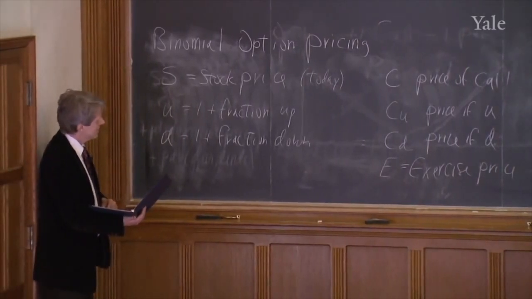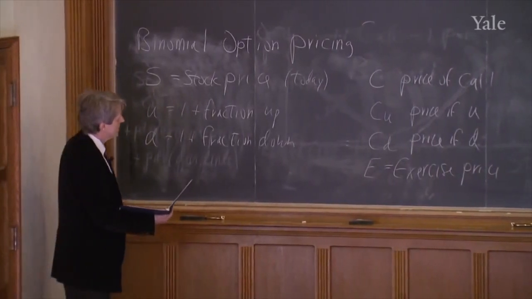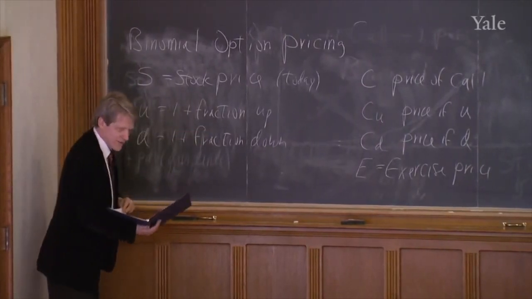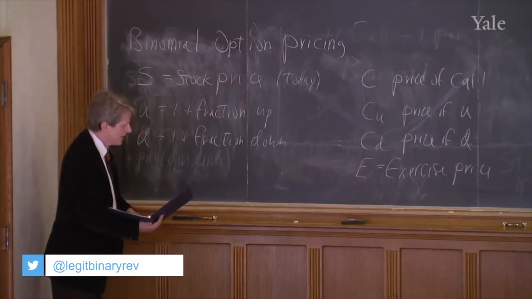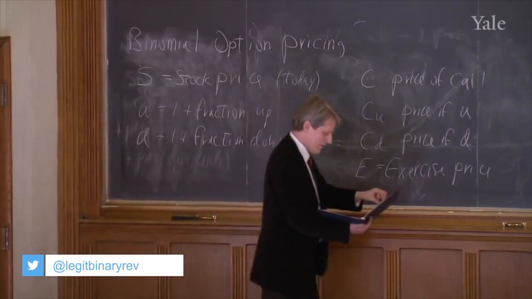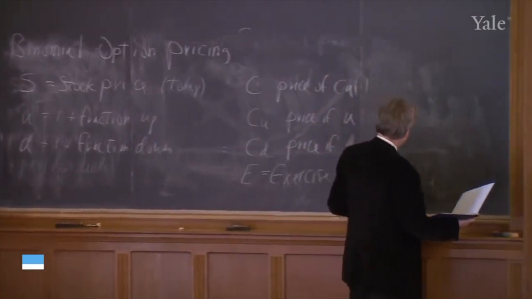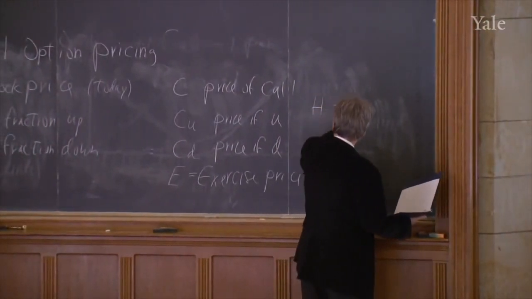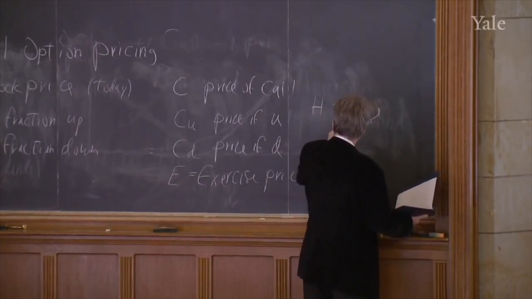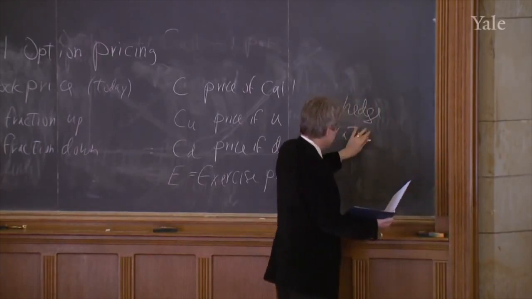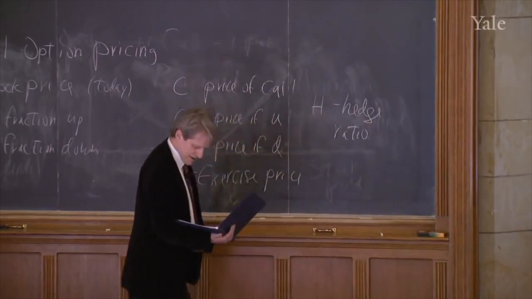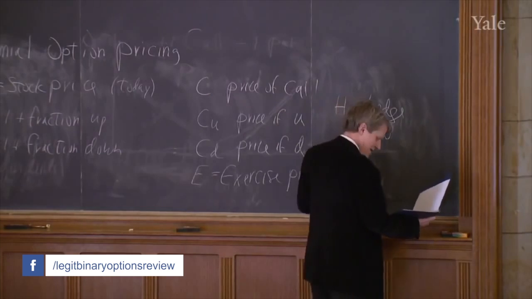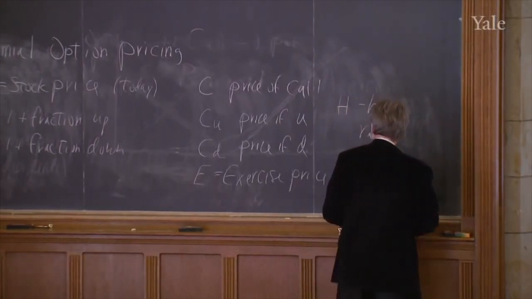Now, what I want to do is consider a portfolio of both the stock and the option that is riskless. I'm going to buy a number of shares equal to H. H is the hedge ratio, which is the number of shares purchased per option sold.